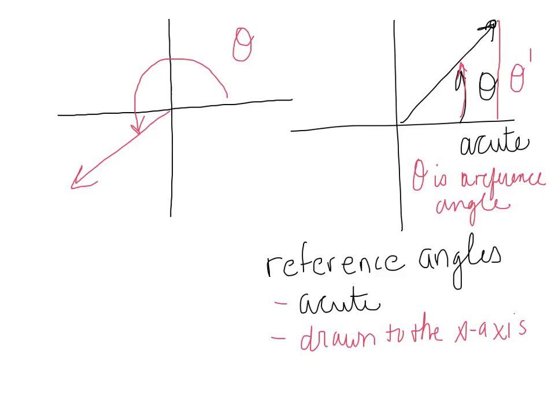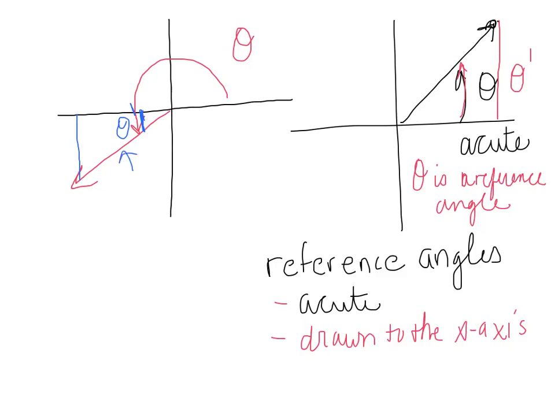Now when we're over here in the third quadrant, do you see that there is an acute angle here made by the x-axis and the terminal side of theta? It's not the same measure, but it is a reference angle. It's an acute angle. If I draw that in, this angle right here is theta prime, the reference angle.